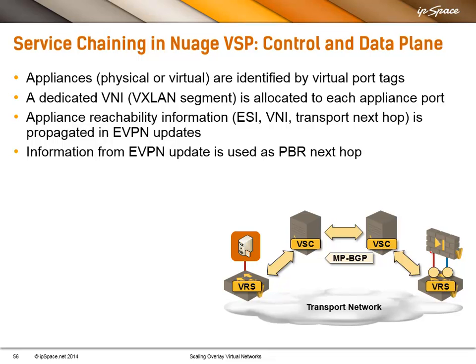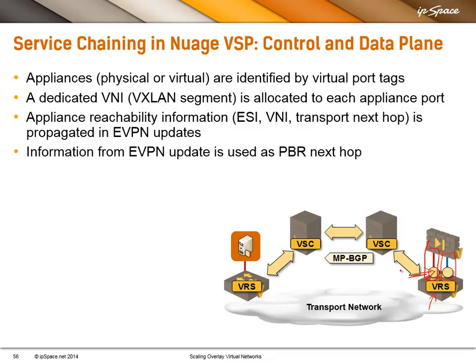So this would be an independent segment, and this would be an independent segment. Then the information about the appliance and the transport next hop and the segment is propagated in an EVPN update like in any other case.